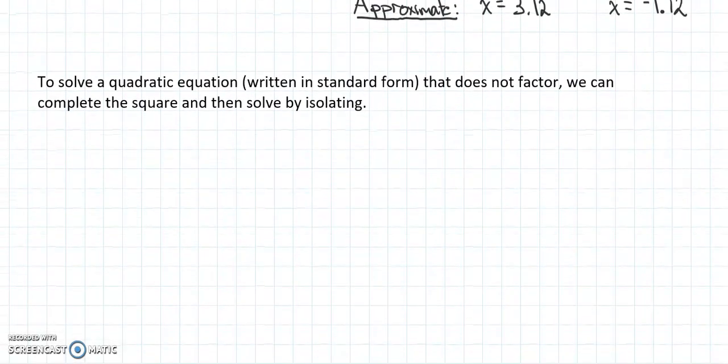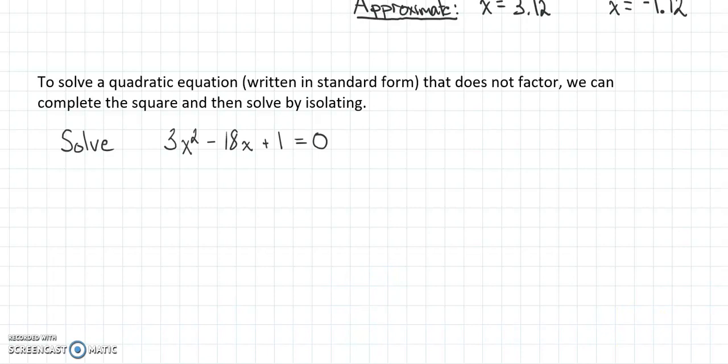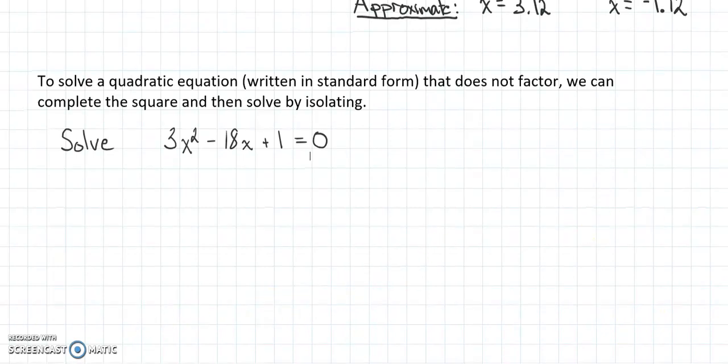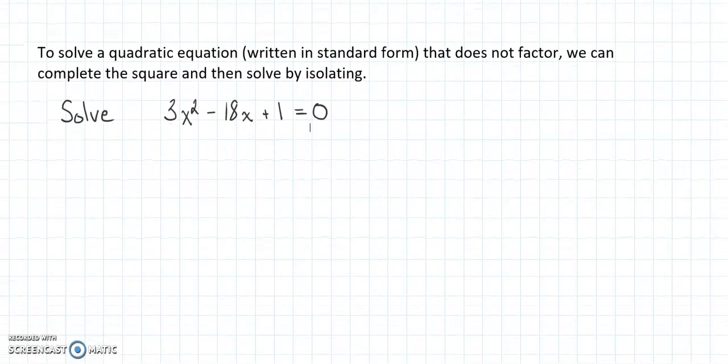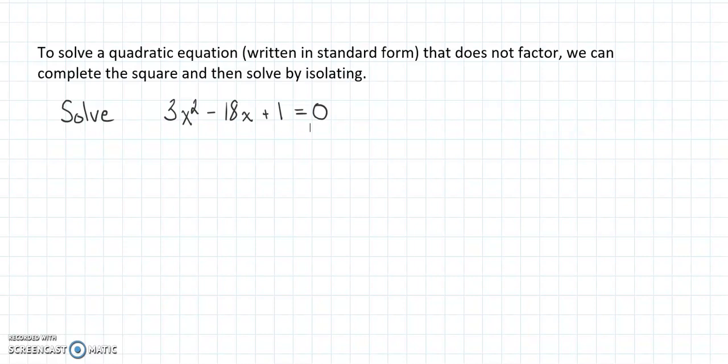So what I'll do here is give you an example. There's an example of a quadratic equation, and I want you to try to solve it. It's in standard form, so you would try factoring. I made it so it's not going to factor, so you're going to use the technique outlined here. The first thing you have to do is complete the square to get into vertex form, and then isolate.